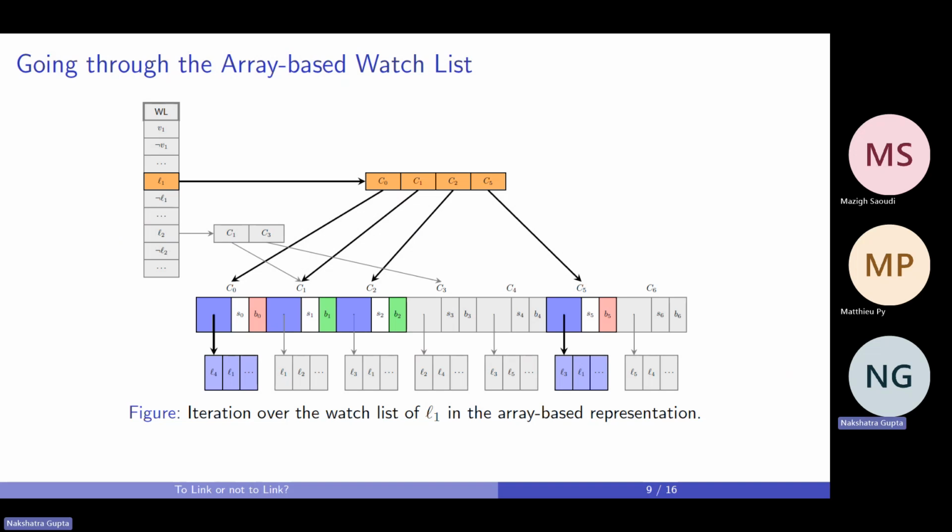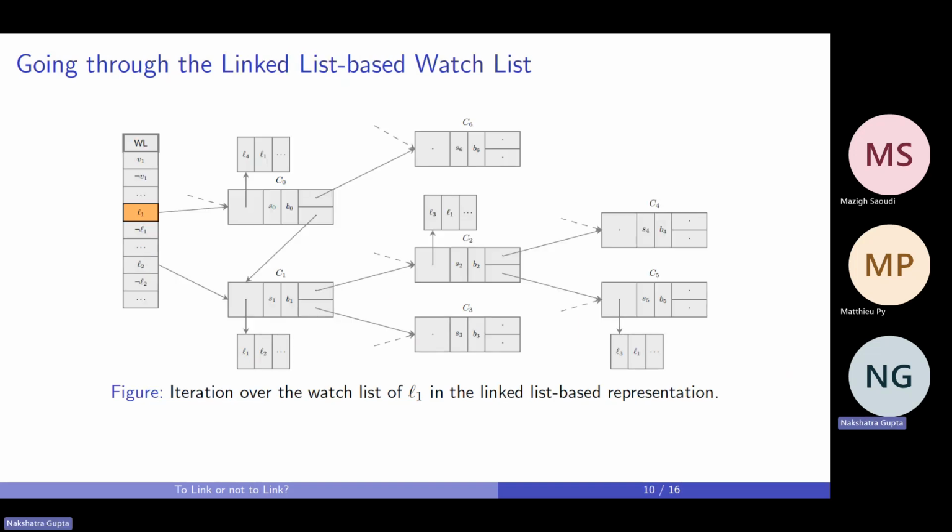Sounds nice. Now, what happens if you have a linked list? Same thing here. Blocker is not satisfied. You have to find a replacement. You follow the link to the next clause. Uh-oh. Where do you go? Do you take the up path or down path? Well, the thing is, you actually have to check. So you still have to dereference this pointer, which is not so nice.